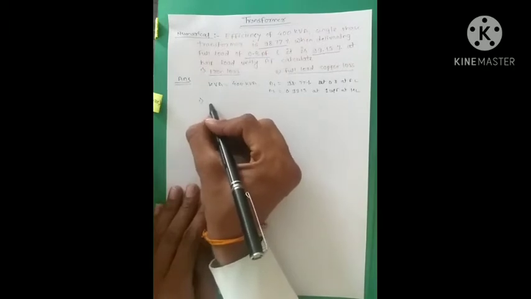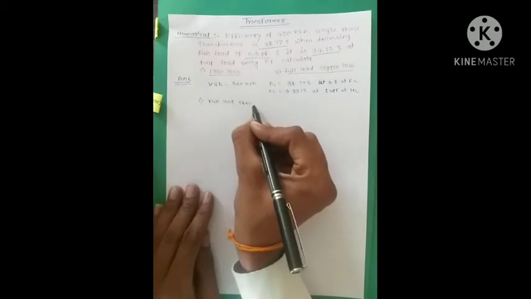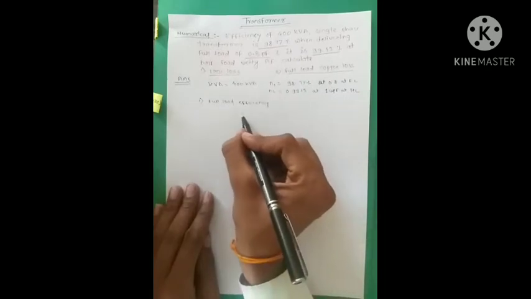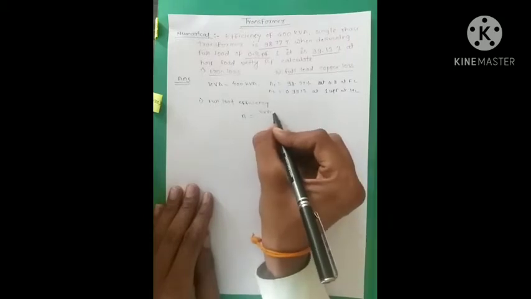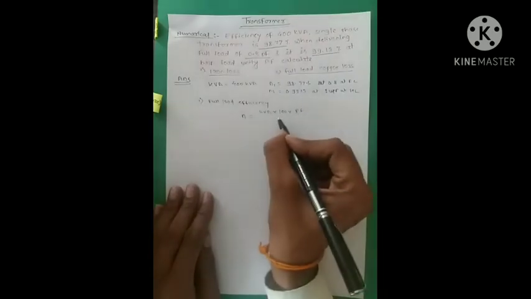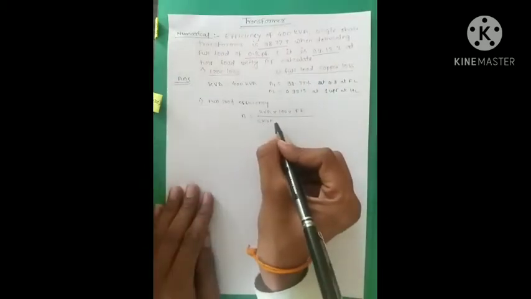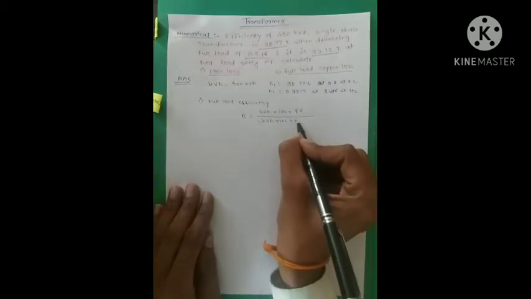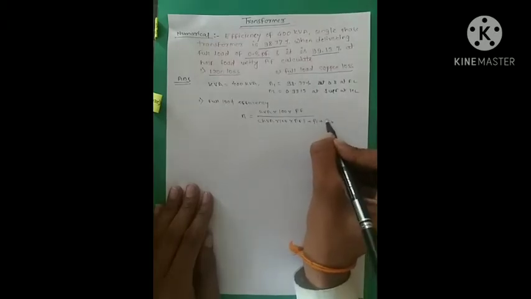Okay, so first consider number 1, full load efficiency. What is the formula of efficiency? Efficiency equals kVA into 100 into power factor, upon kVA into 100 into power factor plus PI plus PCU.